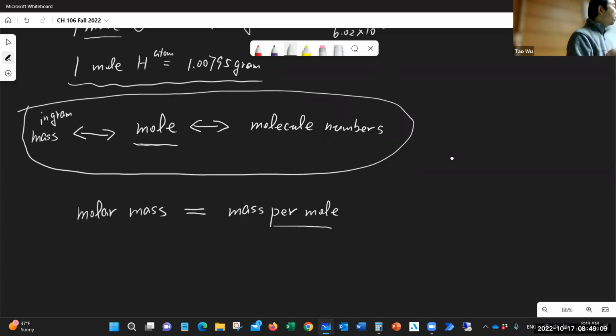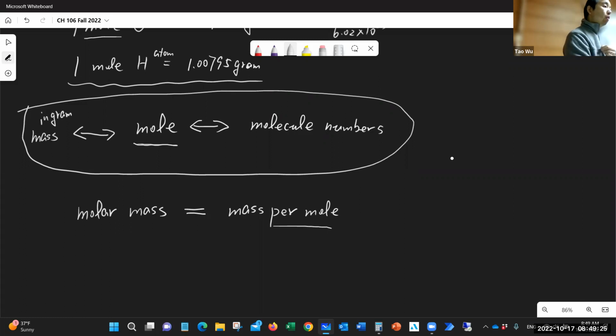Do you know what per mole means? Per mole means per 1 mole, so mass per mole means 1 mole of certain stuff is equal to how many mass.